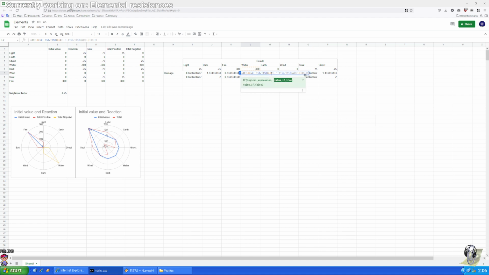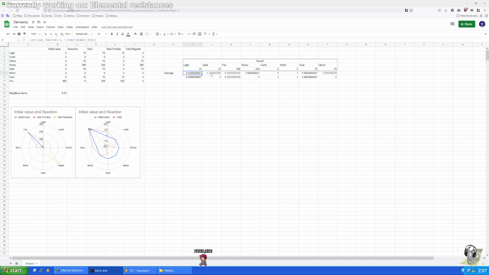I don't need these parentheses. Oh, my brain is just not working right now.